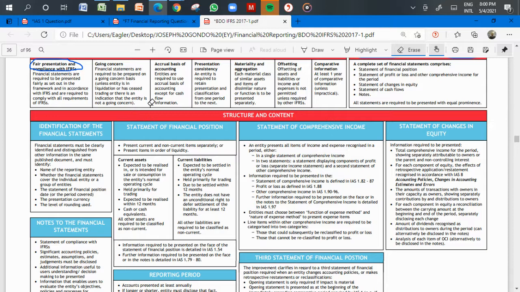Before receiving the money, we can say we have made a sale, but we have not yet received the money. In doing so, we are applying the accrual basis of accounting. And in terms of the conceptual framework, we recognize the financial statement elements when they meet the definition and the recognition criteria as set in the conceptual framework.